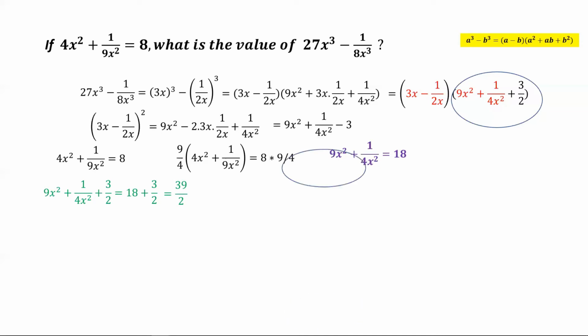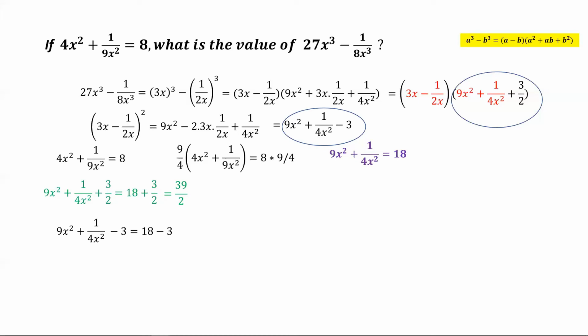We still have to evaluate 3x minus 1 by 2x. But we know that 3x minus 1 by 2x whole square is 9x squared plus 1 by 4x squared minus 3. And from the equation we wrote, 9x squared plus 1 by 4x squared is 18, so this is 18 minus 3.